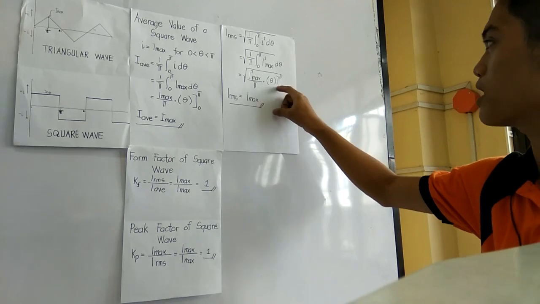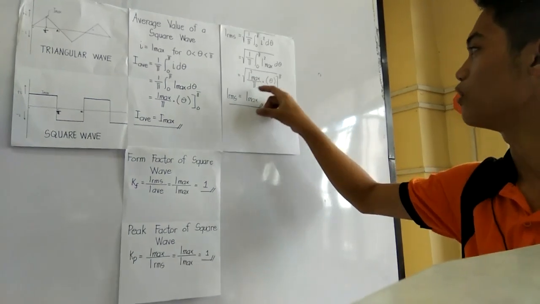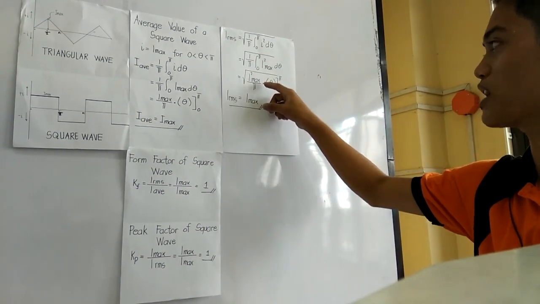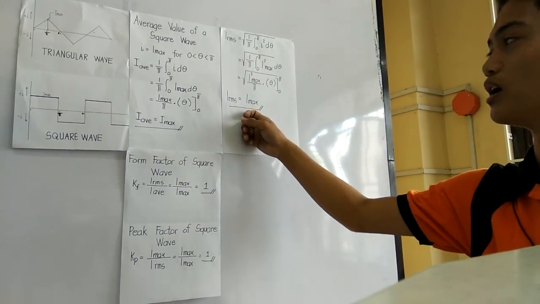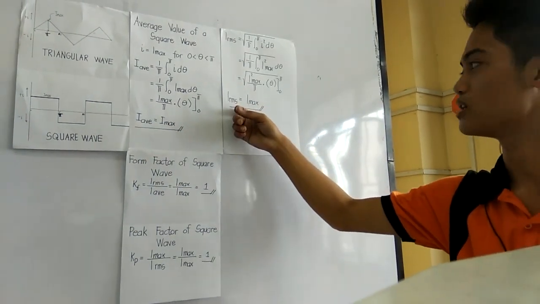Manipulating, making it pi minus 0, pi, cancel pi, and remaining is the square root of I squared maximum, which is I max. Therefore, we can conclude that the I average and the I RMS is equal to the maximum value.